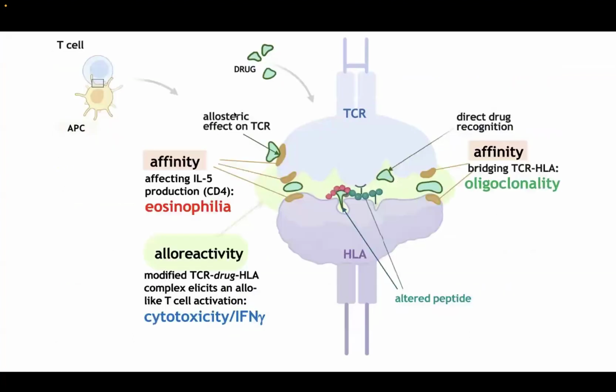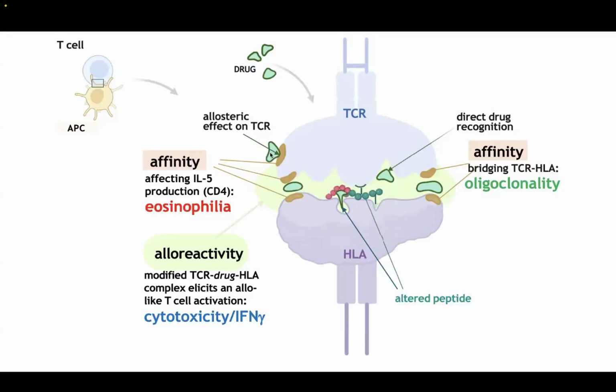So we try to simplify what we have said. This is the T cell receptor, this is the HLA receptor. We have an allosteric effect on the TCR receptor: the drug will attach to the TCR receptor and cause allostimulation or alloreactivity, modify the drug HLA complex, and elicit an allo-like T cell activation with cytotoxicity.